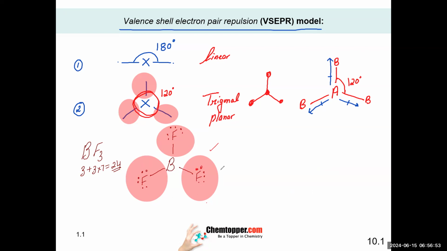Right? Okay, so it means it is trigonal planar. The electronic geometry is trigonal planar. The molecule is trigonal planar.